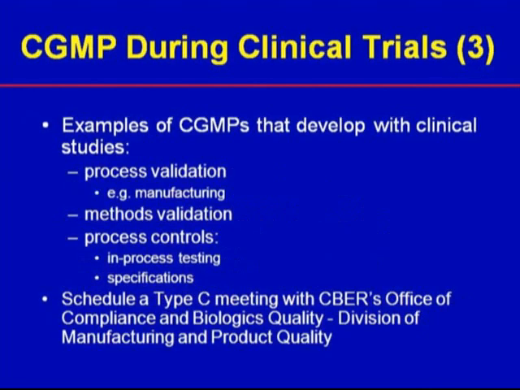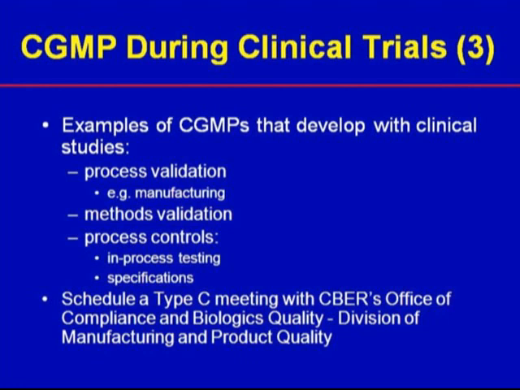Some examples of CGMP activities that may develop as you progress with clinical development include process improvements and validation. This might include activities such as optimizing transduction efficiency or purification of a cell population. You may also be working on methods development and validation, such as determining the robustness of an assay or improving the sensitivity or specificity of a PCR assay.